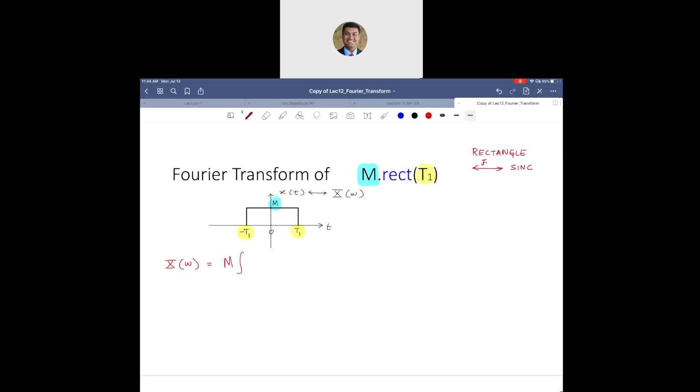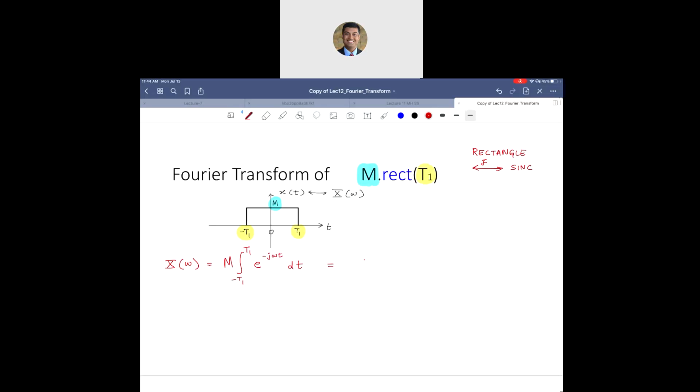I don't need to do the integration from negative infinity to infinity. I only need to do it from negative t1 to t1. Then I have e to the negative j omega t dt. That's it.